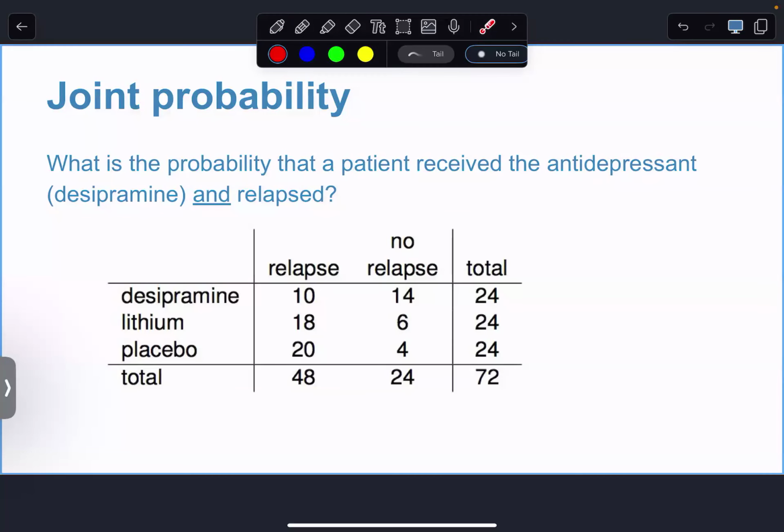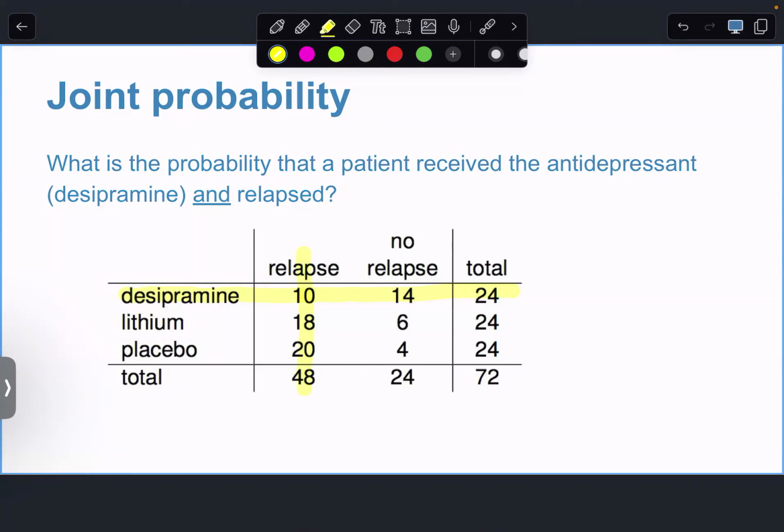What's the probability that a patient received the antidepressant and relapsed? Okay, so now they're on this antidepressant here and relapsed.